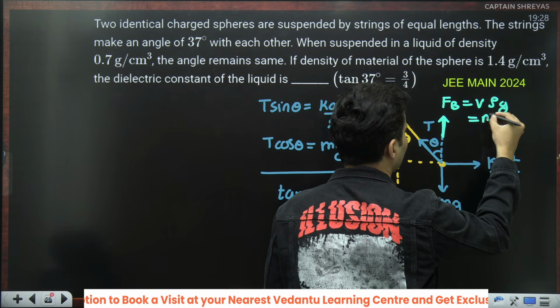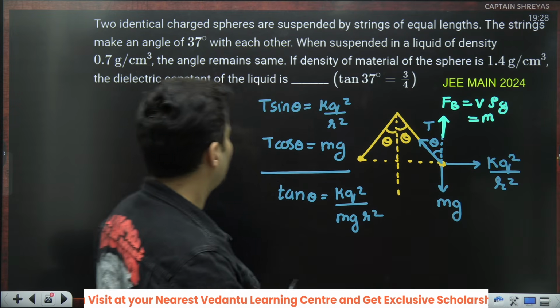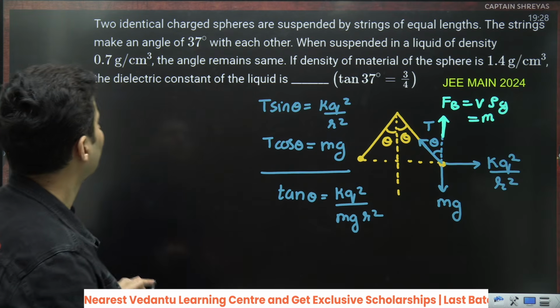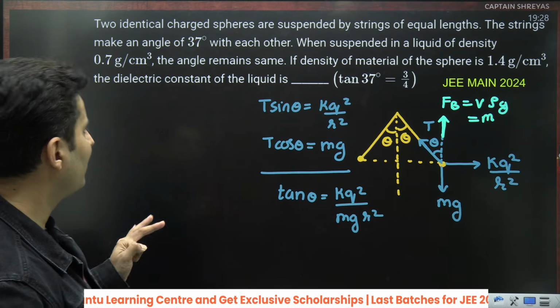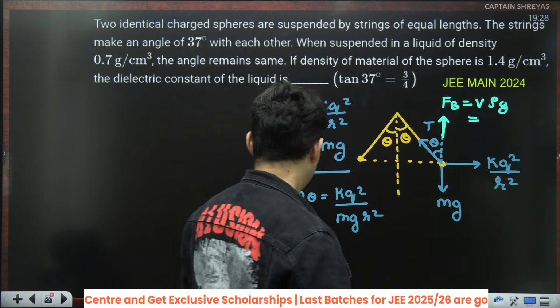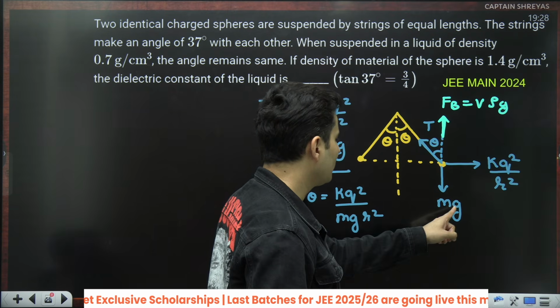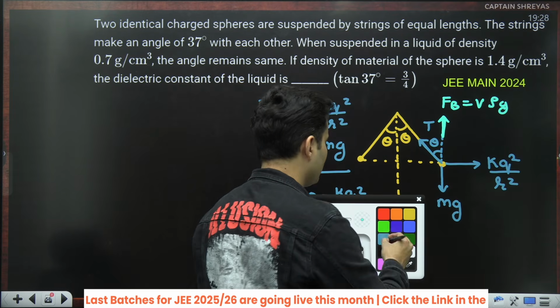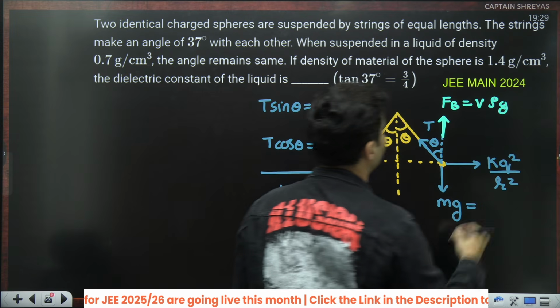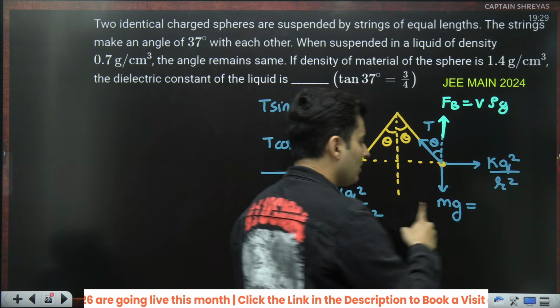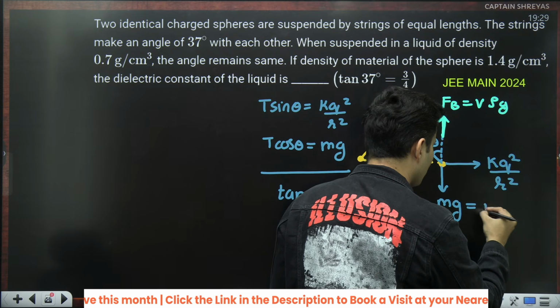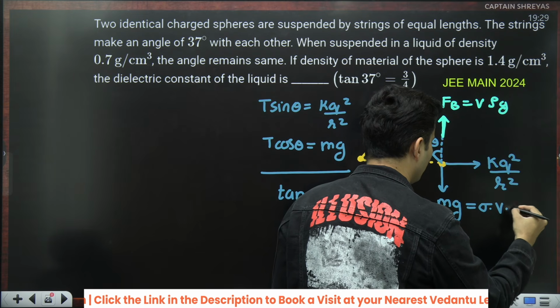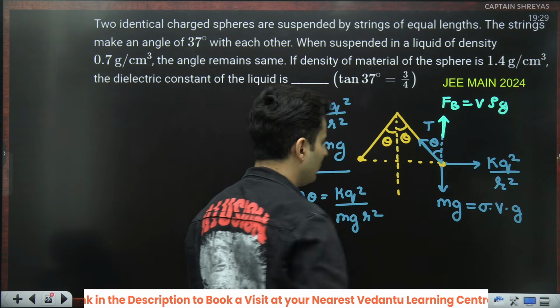But I think mass is not given, so rather, I would suggest to convert this mass into the volume part, because the density of the sphere is given. Mass is density into volume, so density of the sphere into the volume into g. That is what I would recommend.